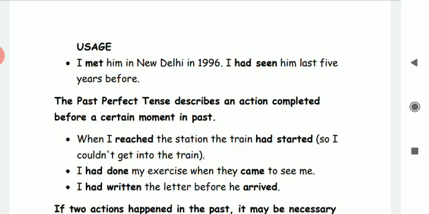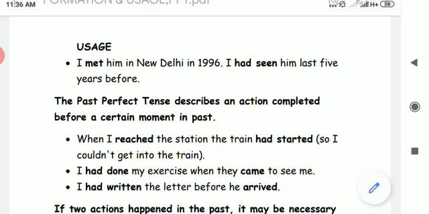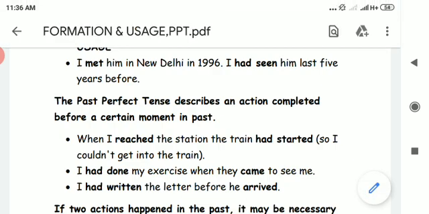Right? So what happened? So you are not in a position to get into the train. That is why if you see had started is considered the earlier part of the action, and when I reached, past simple, is considered the later part of the action.